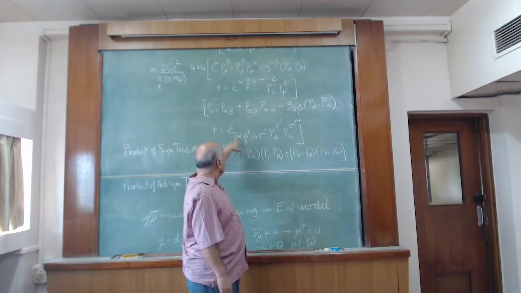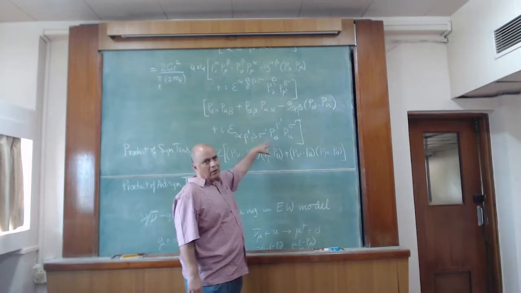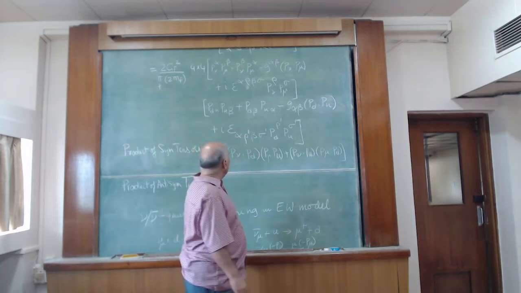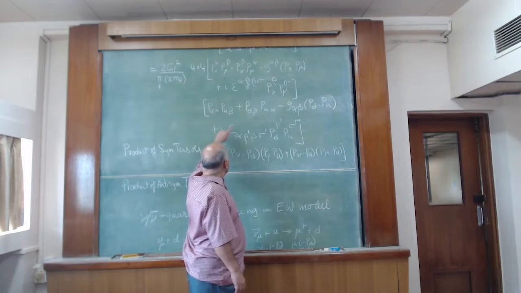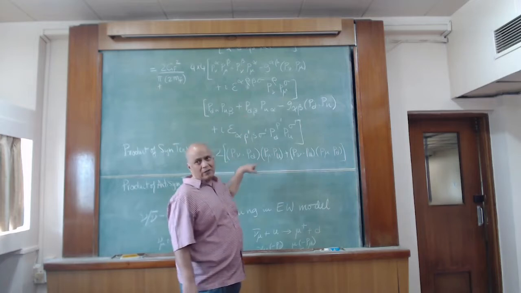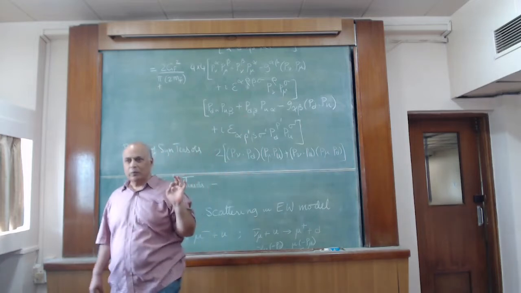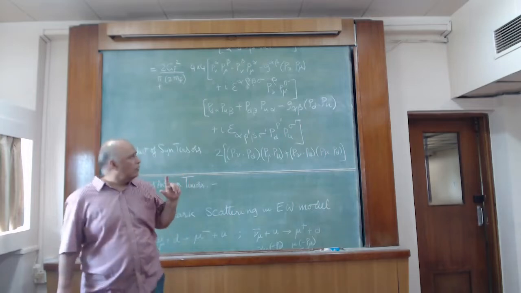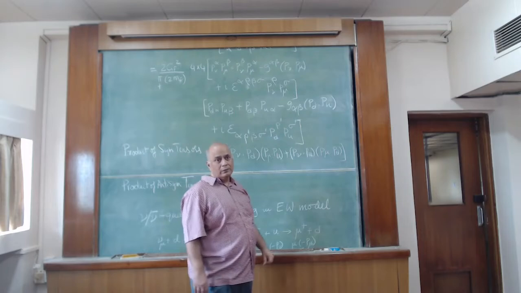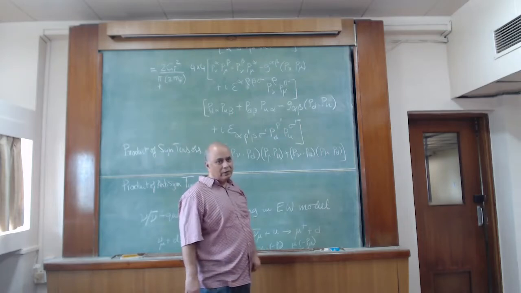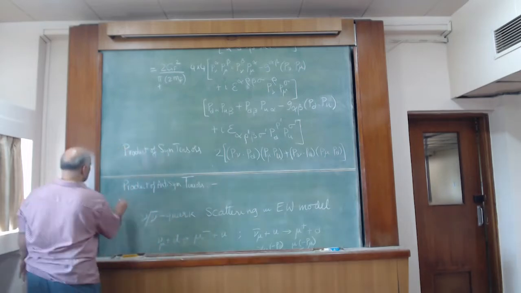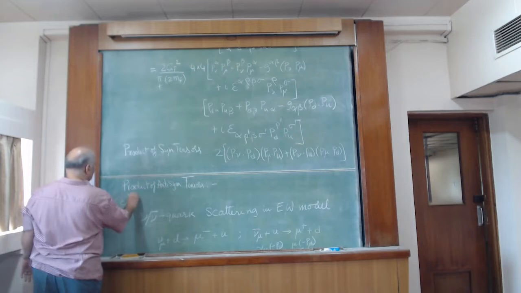This is the Levi-Civita symbol, which means alpha, rho prime, beta, sigma prime, they all have to be different. But both will be non-zero if rho is rho prime and sigma is sigma prime. That is one possibility. The other possibility is rho is sigma prime or rho prime is sigma. That's the second possibility. But there is an additional minus sign because 0, 1, 2, 3.